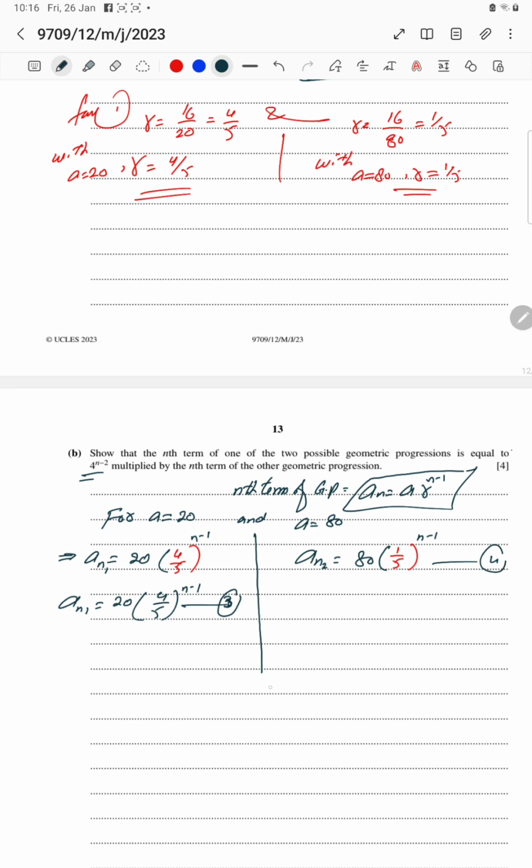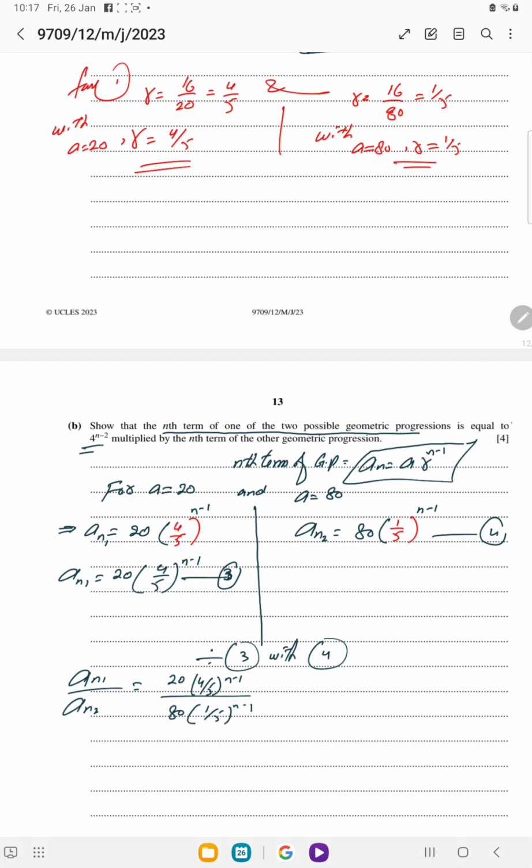Now what to do? We can divide 3 by 4, because we have to show that the nth term of one of the two possible geometric progressions is equal to this one. So a_n1 over a_n2 will be 20 times 4 by 5 power n minus 1, divided by 80 times 1 by 5 power n minus 1.